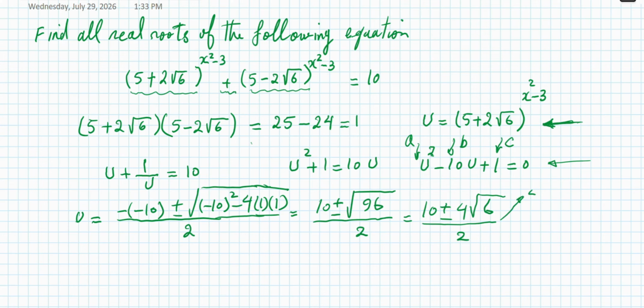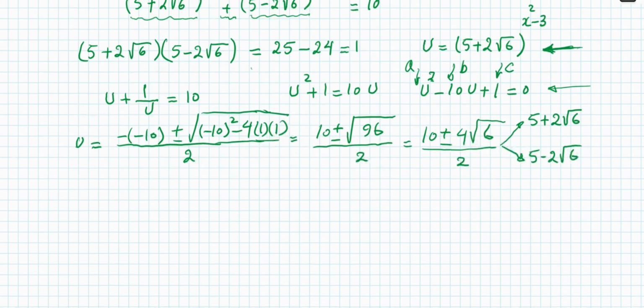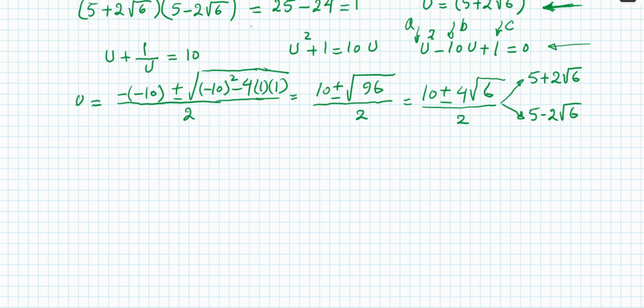And this would simplify into 5 plus 2 square root of 6 and 5 minus 2 square root of 6 as the two roots of this equation.